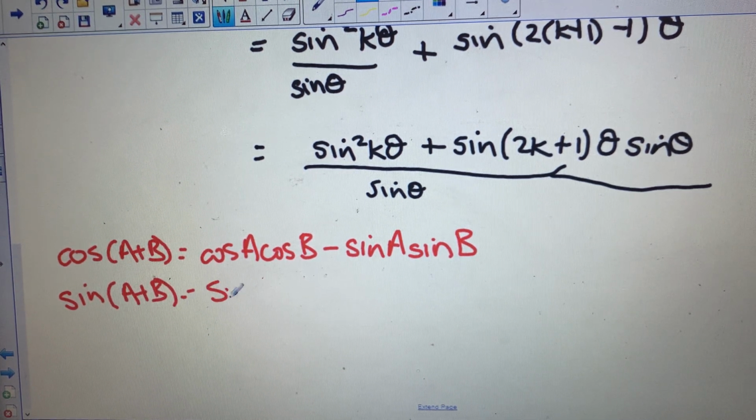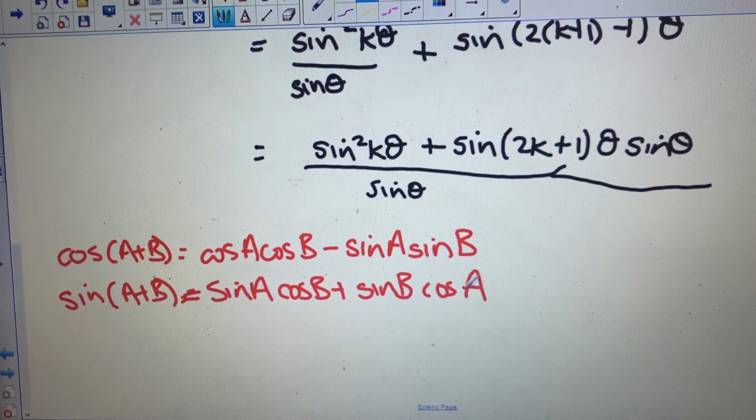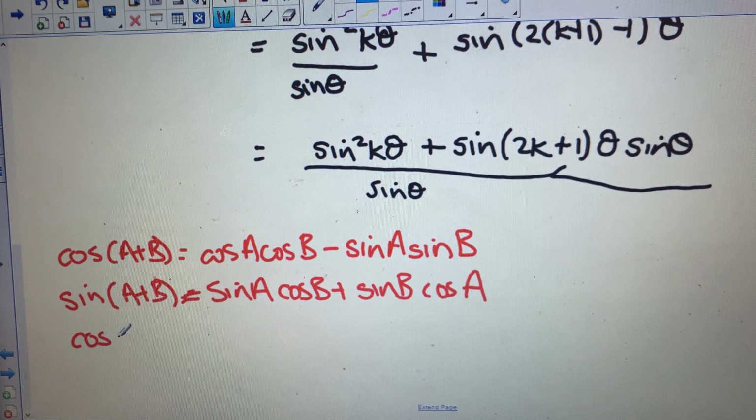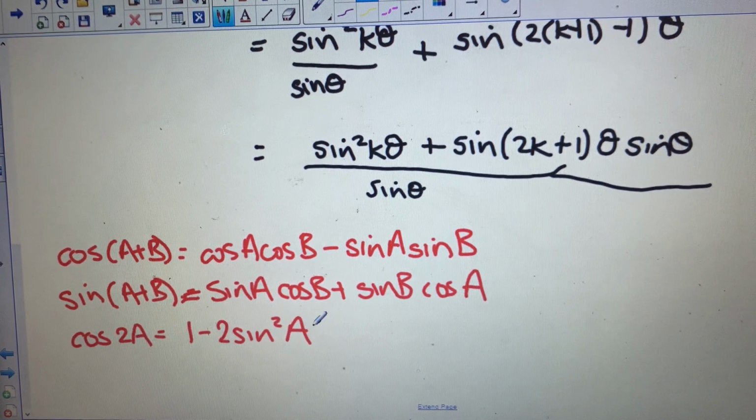which I know is the sine of A cos of B, plus the sine of B cos of A. I don't know why I've done it that way around, but I have. And I'm also going to be using this identity here. The cos of 2A is 1 minus 2 sine squared A. There's a reason I've picked that one, and I want to be able to rearrange this.